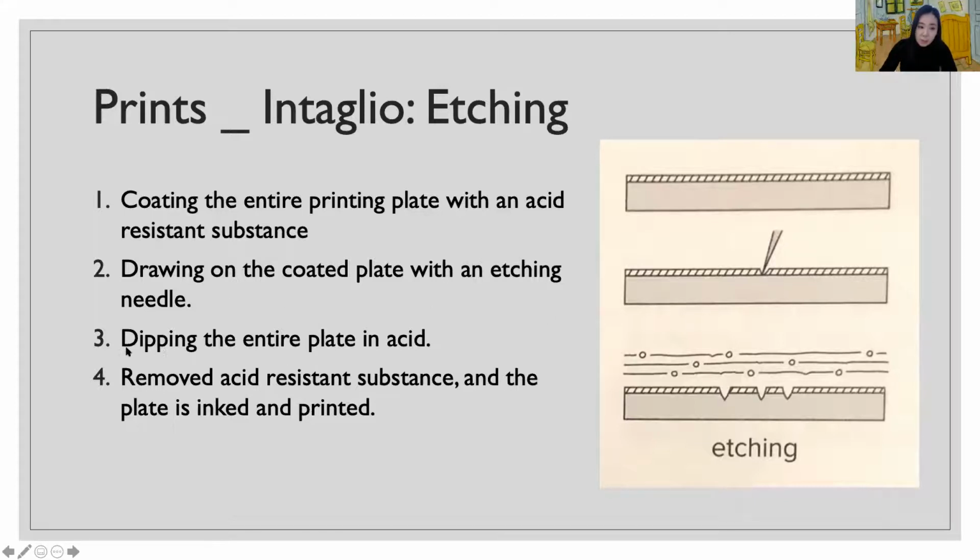And step three, the entire plate is dipped in an acid bath. Only the portions of the plate without the ground are bitten. The last step is the ground is removed and the plate is inked and printed.